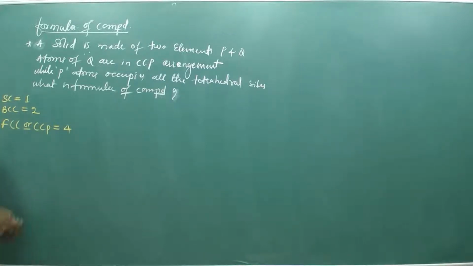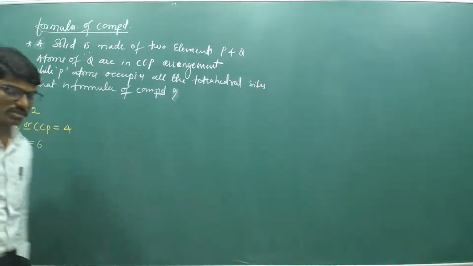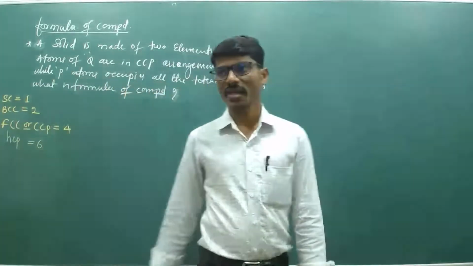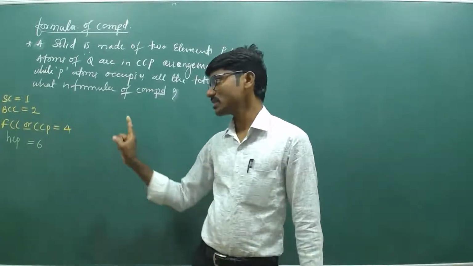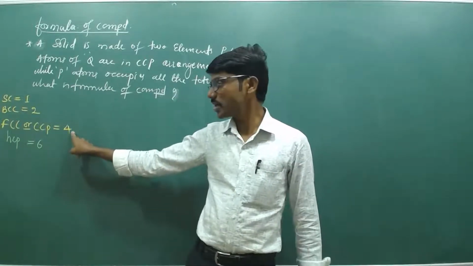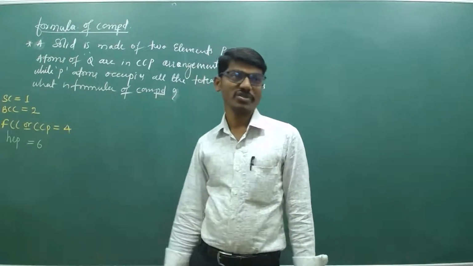And one more structure is HCP, hexagonal close pack, where the number of particles is 6. You note this: simple cube 1, BCC 2, FCC or CCP 4, hexagonal close pack 6.